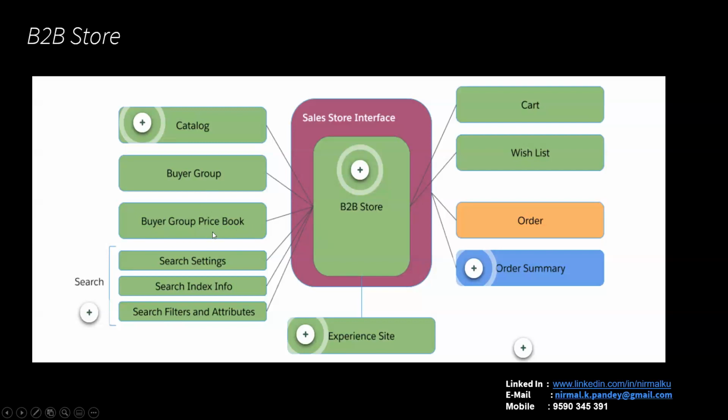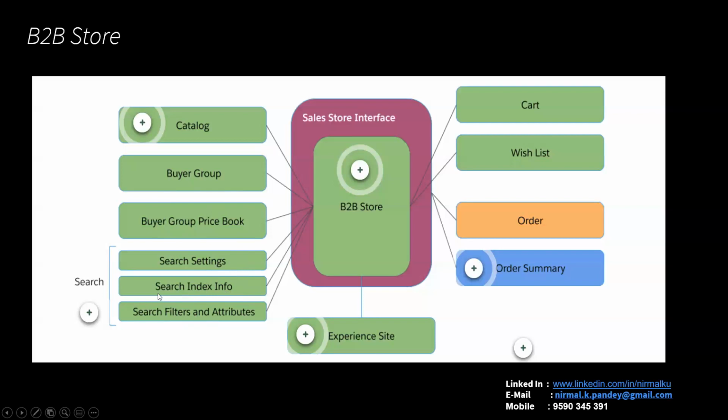So buyer group will have an associated price book also. What that means is, you can associate a particular price book to a regular customer and a different price book to, let's say, a premium customer. So VIP customers get a different list of products with different pricing, and the regular get a different one. So that's what you can achieve with that.